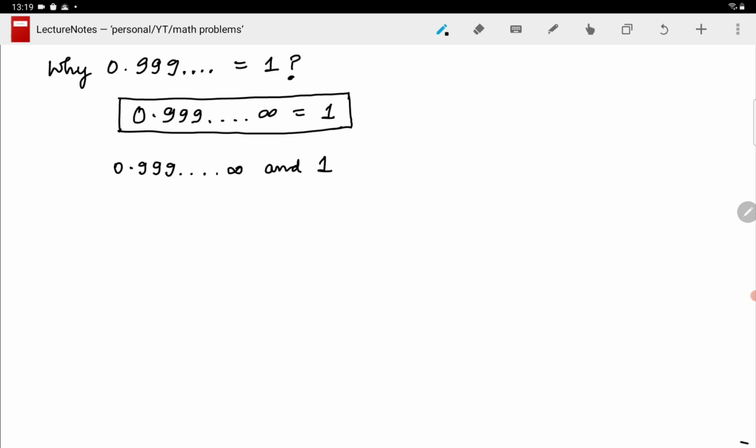And third, we'll use the idea of an infinite series. Even after all these proofs, the result may still feel strange. We'll talk about why at the end. So let's begin. The first method is the algebraic proof.